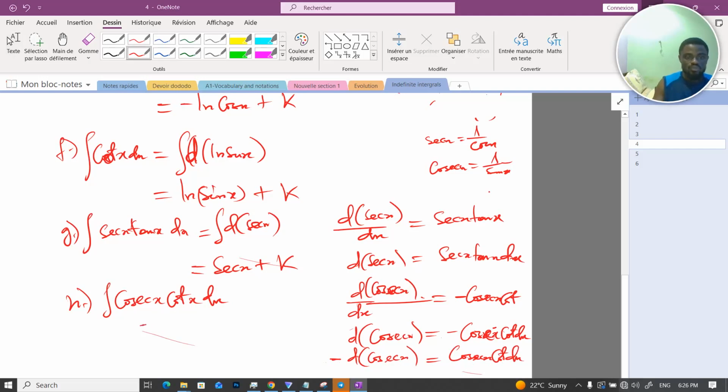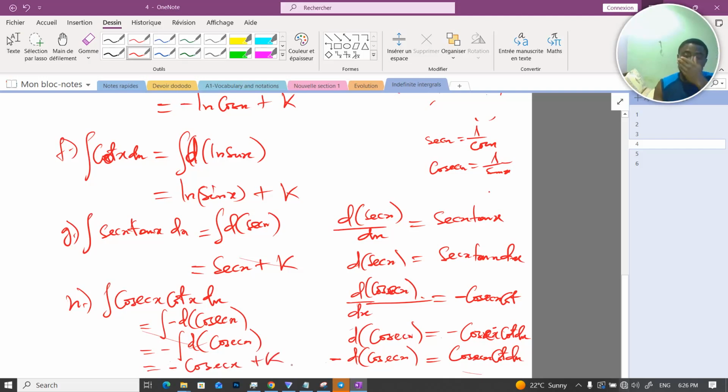So this would be equal to the integral of minus d of cosec x, which will be equal to minus the integral of d of cosec x. So the integral of cosec x cot x will simply be equal to minus cosec x plus constant of integration.